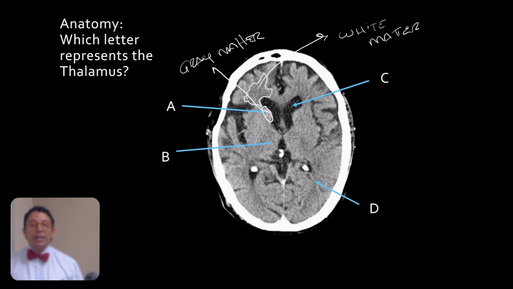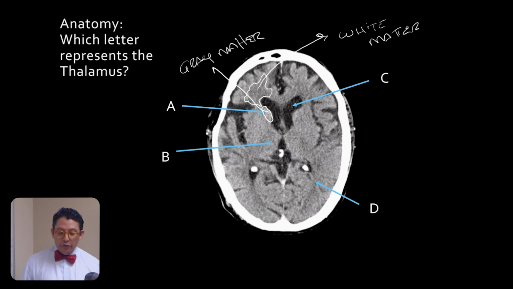Another reason for this is that the white matter also has more fat. And the fat that we see in the white matter more is myelin. Myelin or sphingomyelin is a fat. So a fatty substance will also decrease a little bit of the density, making CTs see the white matter slightly darker than the gray matter.